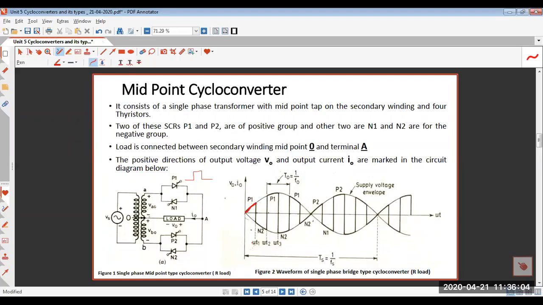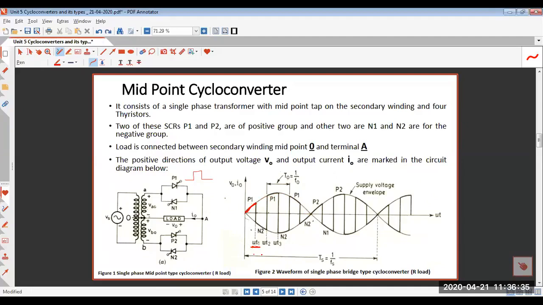So let us say at some omega T1, P1 is turned off. Now P1 here is turned off by using the forced commutation method. Why? Because P1 is a conducting SCR, and still at omega T1 you have a positive half cycle, so P1 will remain forward biased.